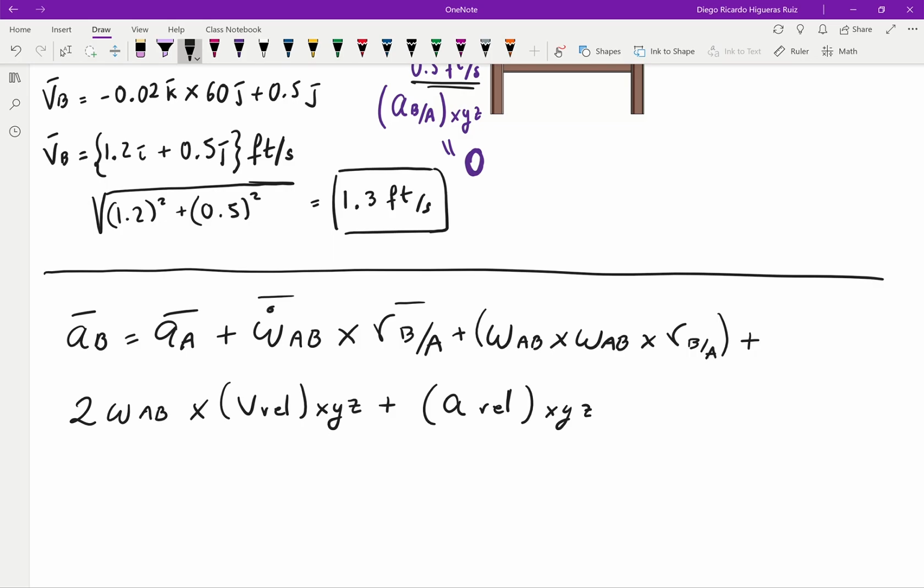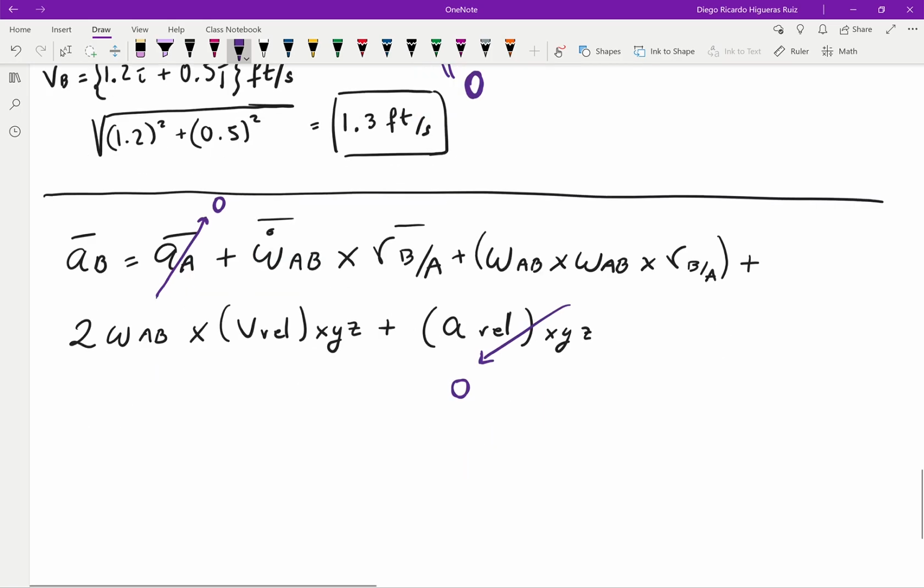Right, so if the velocity of point A is equal to 0, then the acceleration is going to be equal to 0 because point A is not moving at all. And the velocity of the telescopic boom is constant, so its acceleration is equal to 0.